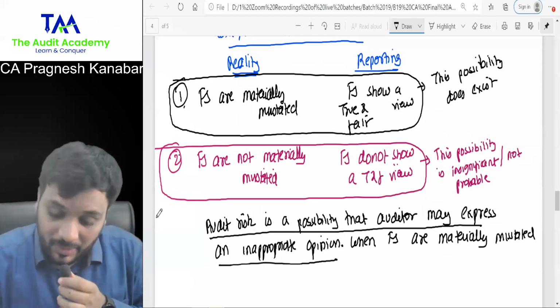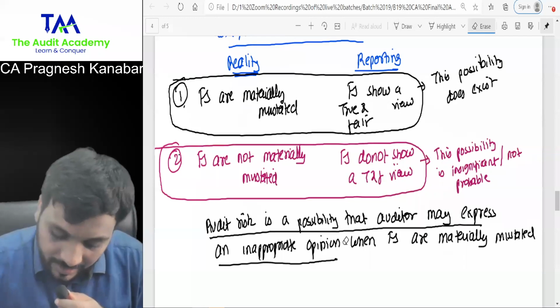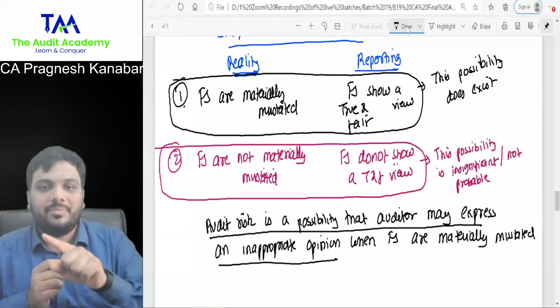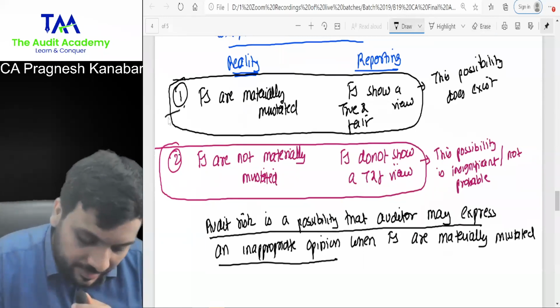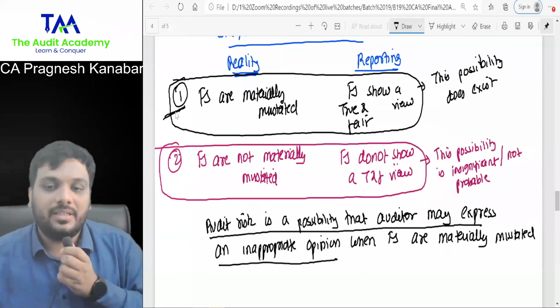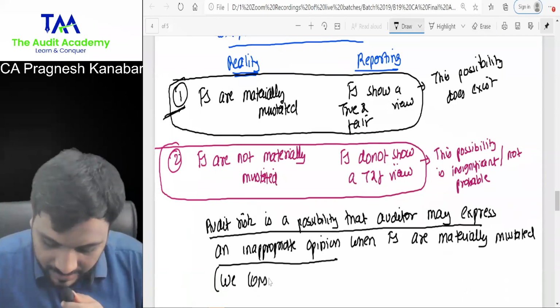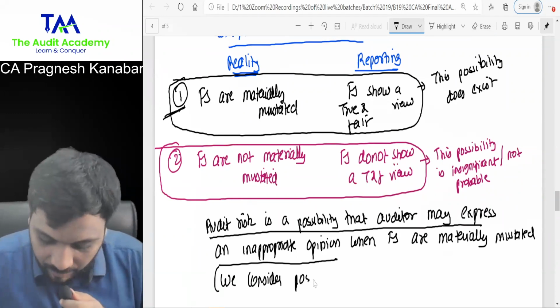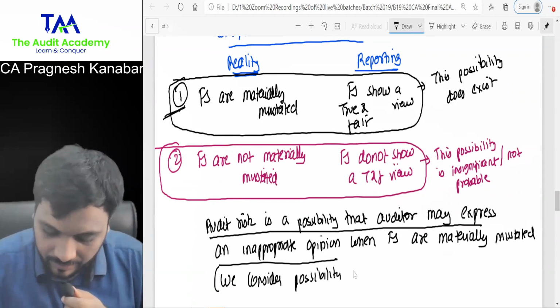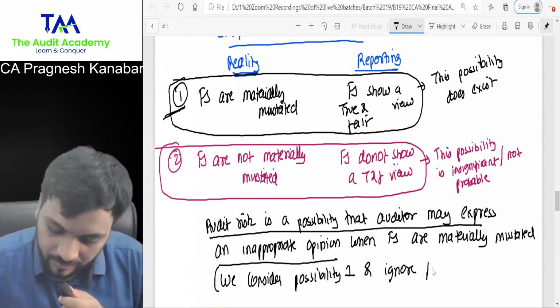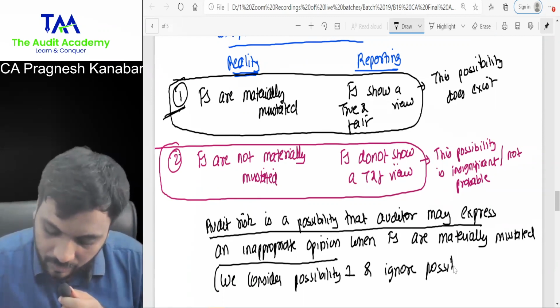Audit risk is a possibility that auditor may express an inappropriate opinion when financial statements are materially misstated. When financial statements are materially misstated, that means we consider possibility 1 and ignore the possibility 2.